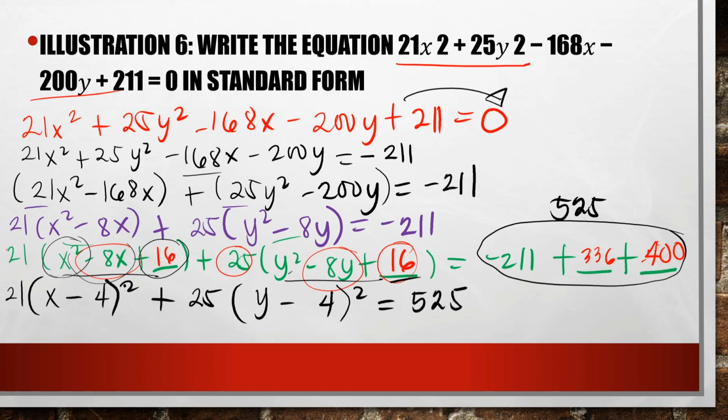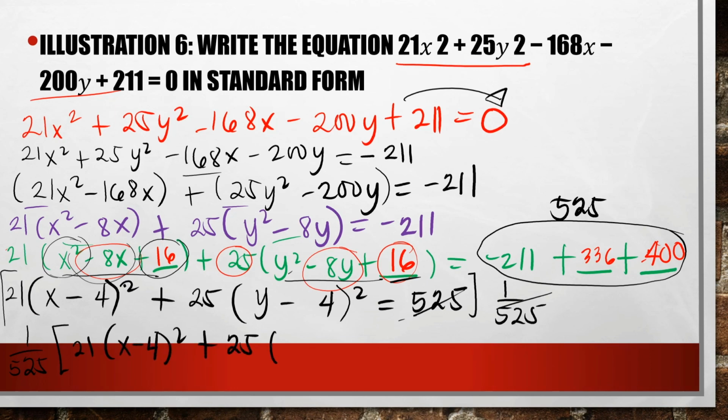525. So, next is, i-divide natin both sides by 525 para maging 1 to. Magiging 1 over 525 times 21 times x minus 4 squared plus 25 times y minus 4 squared is equal to 1.